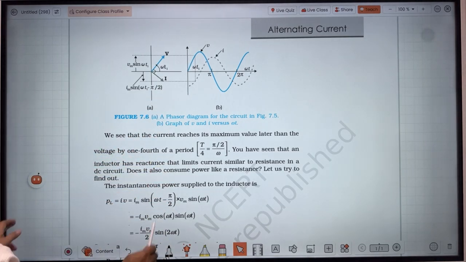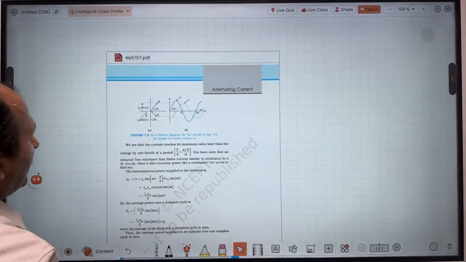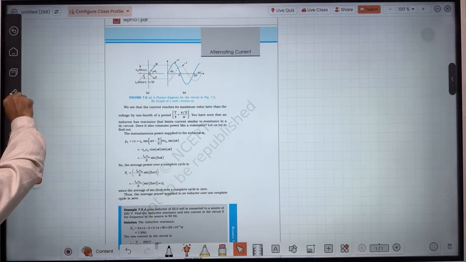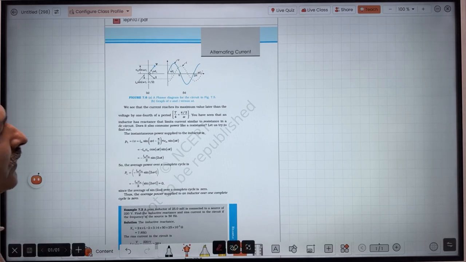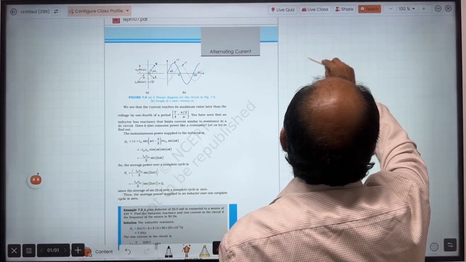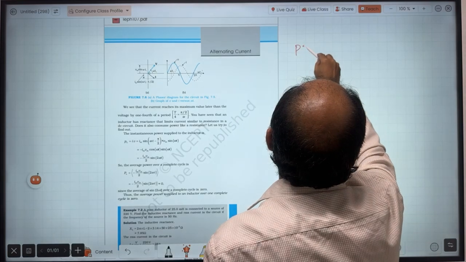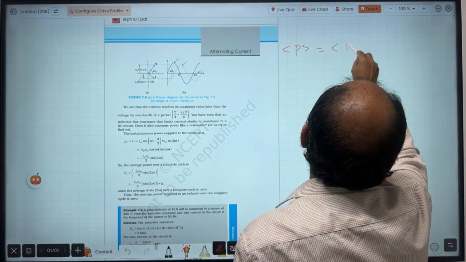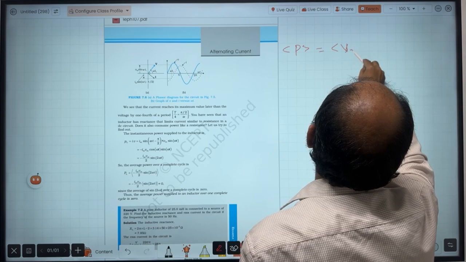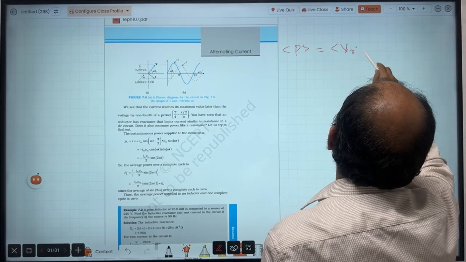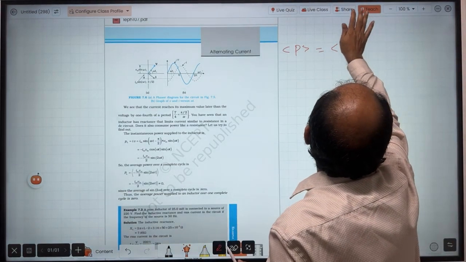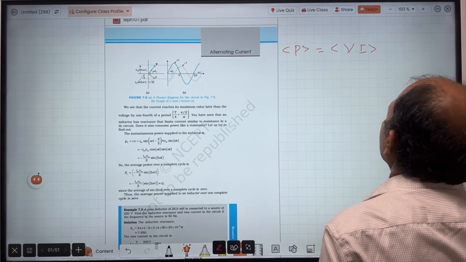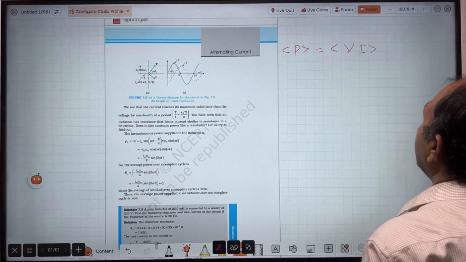Now further, the next point is to find out the power consumed in an AC circuit when there is an inductor. So the average power consumed we can find by applying the formula, average value of V into I, and we are considering it for an inductor.